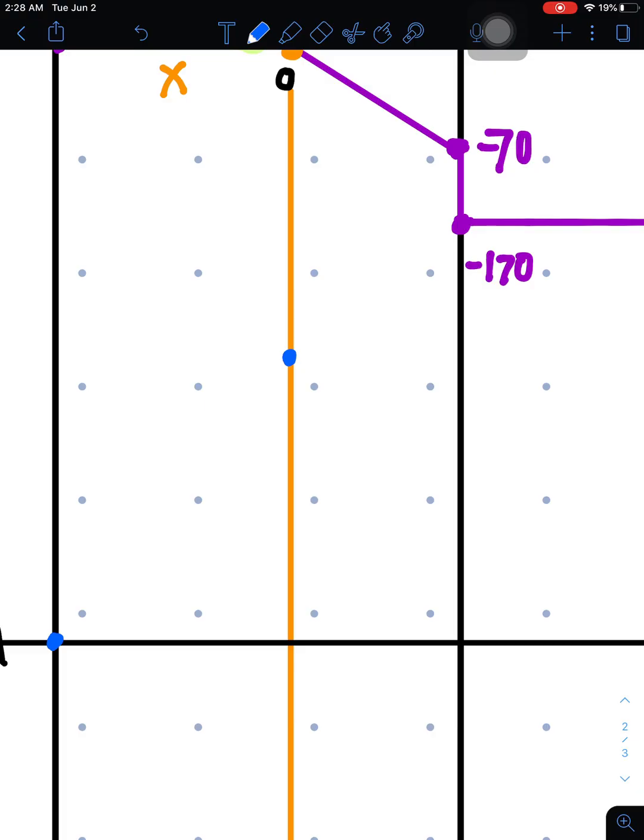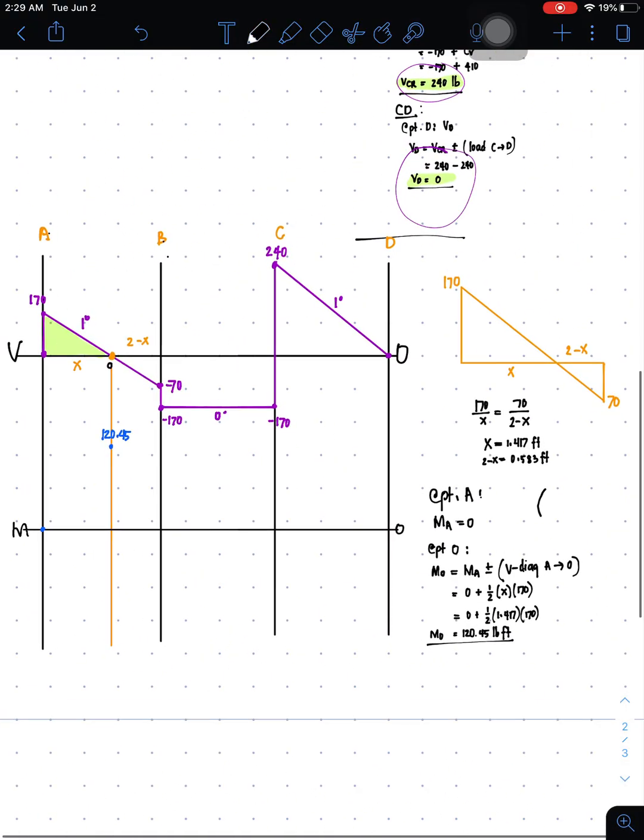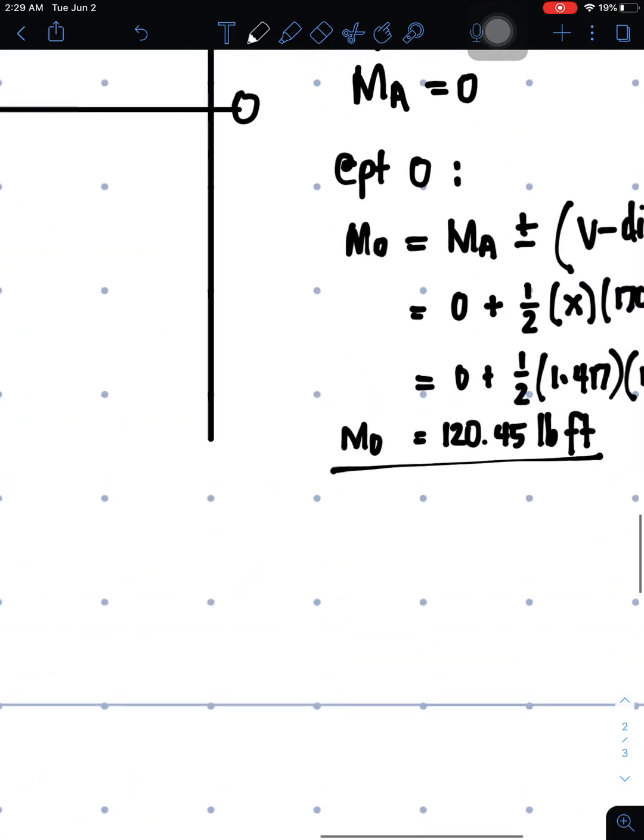So I'll put 120.45 here. And then let's solve for MB, at point B.